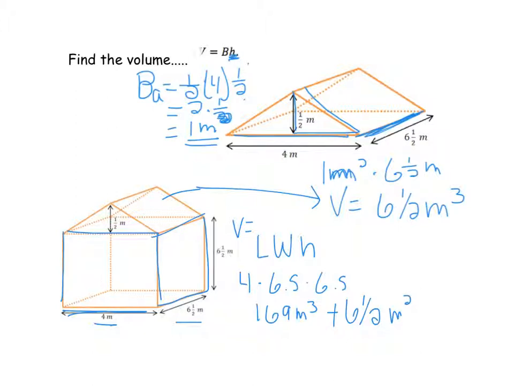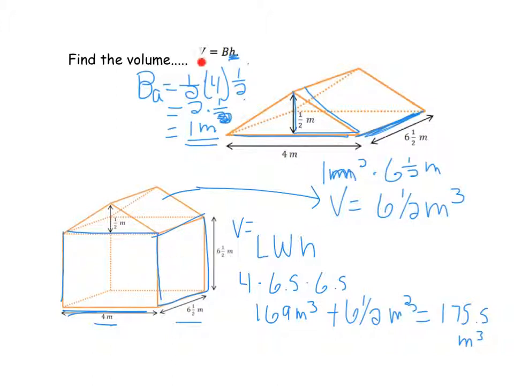So I am coming up with a total of 175.5 meters cubed for the total volume of this house shape here.